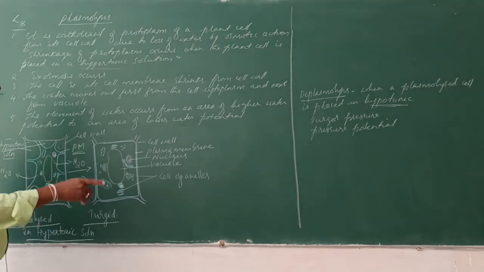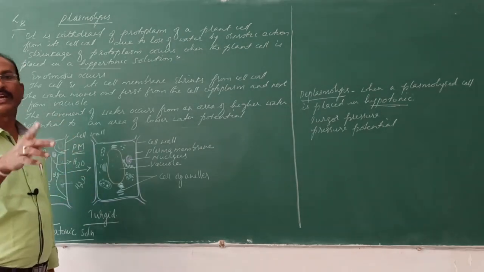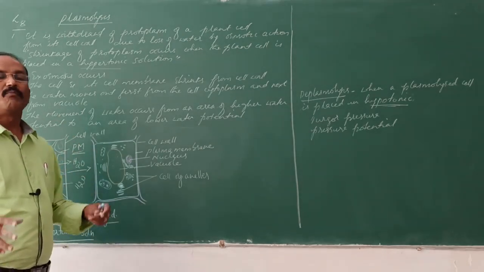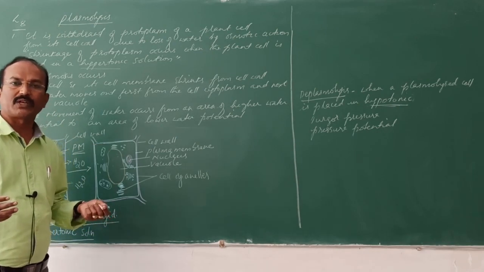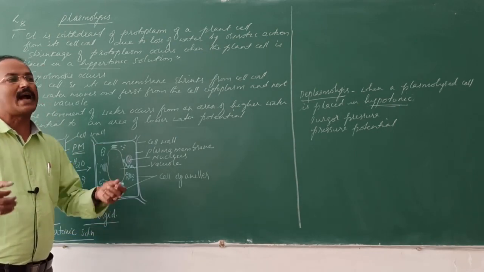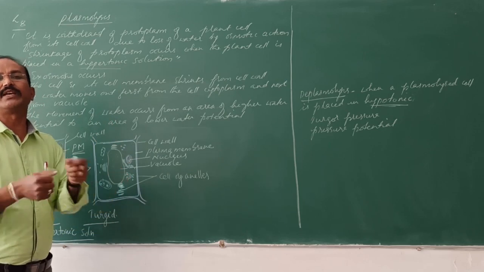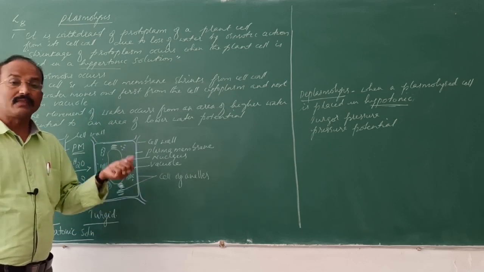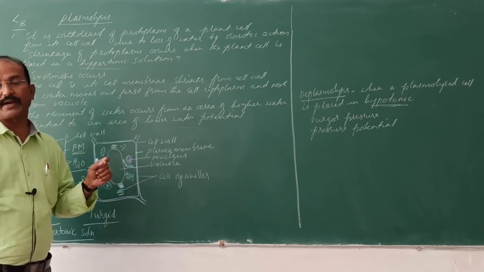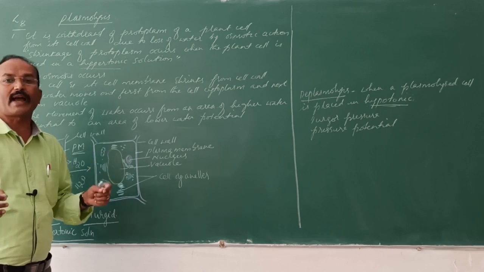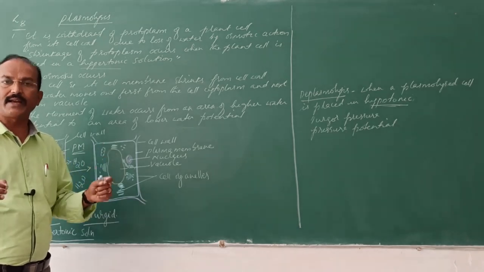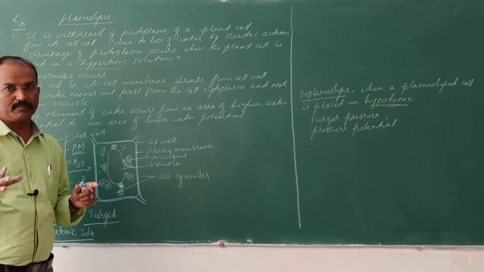If the plasmolysis goes on continuing, the cell will die. Why? Because most of the cell organelles within the cytoplasm will start losing water and their functional efficiency will decrease. The cell organelles are very important in the cytoplasm. The metabolic activity of a cell is done by the cell organelles, no?